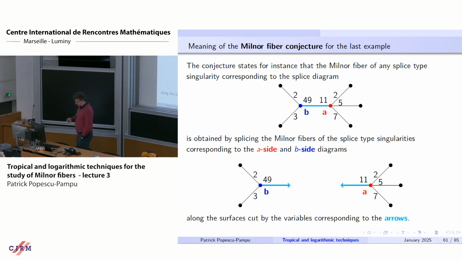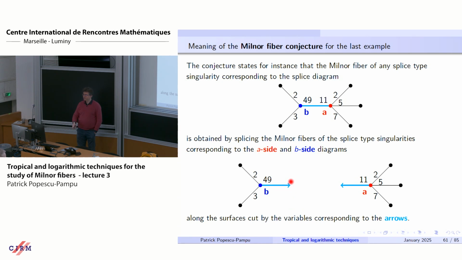Here, it's a hypersurface on the left because the valency is 3, and here is a surface in C^4 because we need two equations. And now you see that by this cutting, one leaf gets represented by an arrow. As we said, leaves correspond to variables.